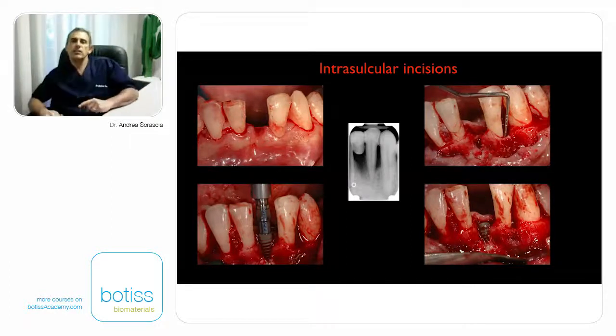Other clinical cases for intrasulcular incision: a 45-year-old patient with aggressive localized periodontitis was treated with periodontal therapy.